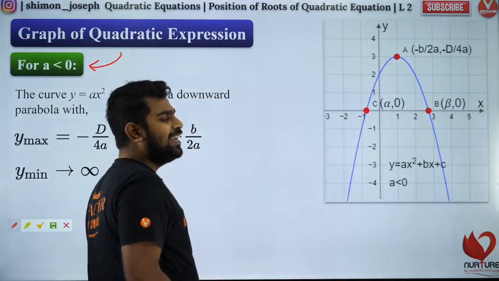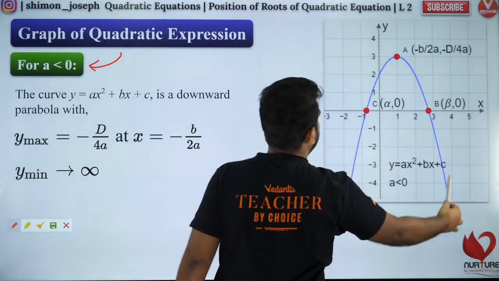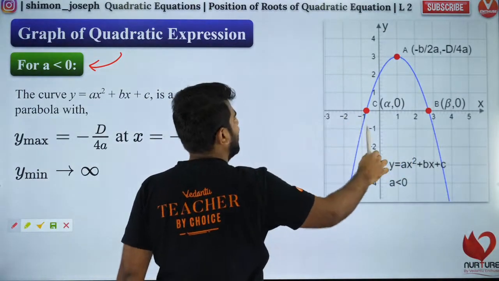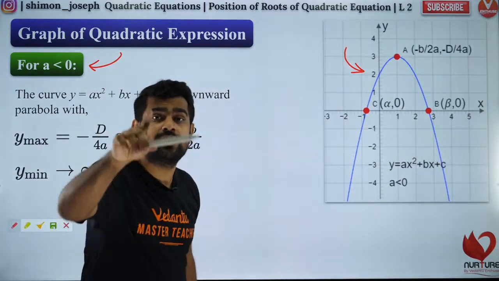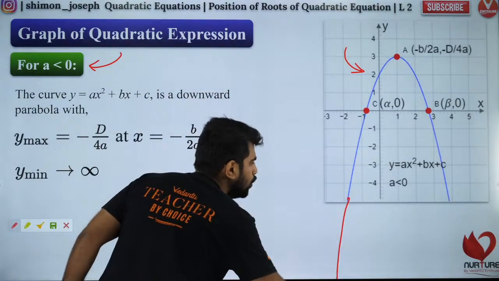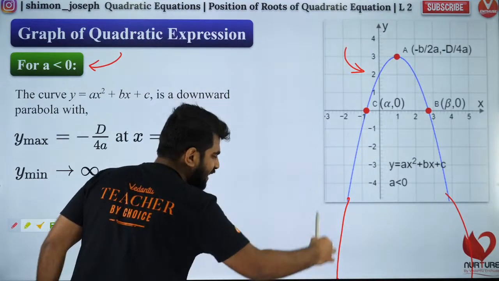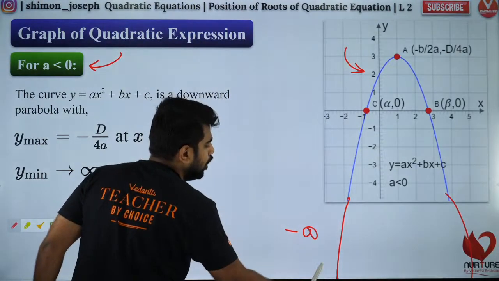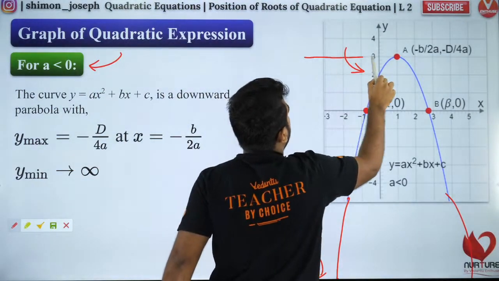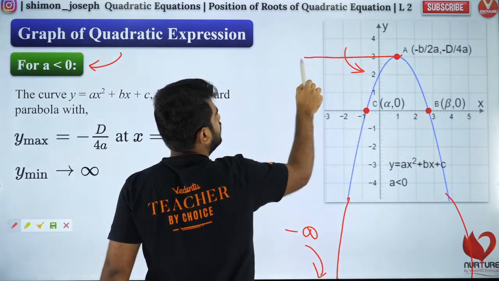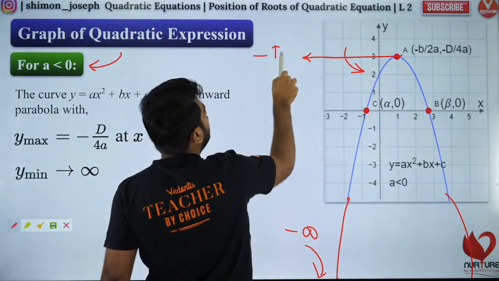So if you have A negative, it will be a downward opening parabola like this. When you have a downward opening parabola, the lower value will tend to minus infinity. It keeps going. So the lowest value will be minus infinity and the highest value will be the y coordinate of this point, which is minus D by 4A.